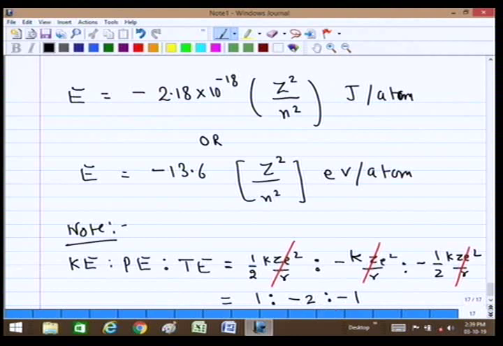This is the ratio of kinetic energy to potential energy to total energy that you have to remember. Copied?